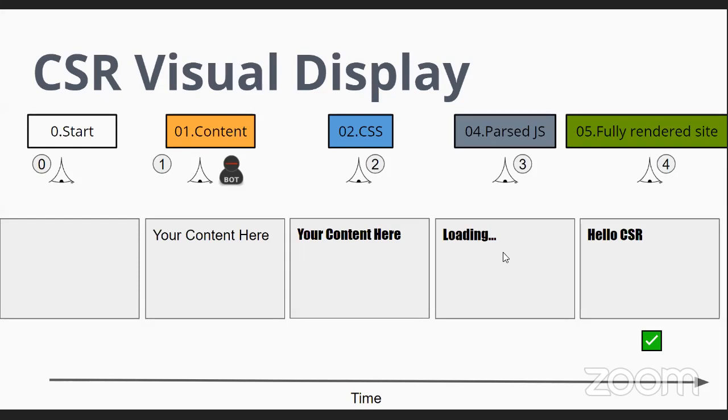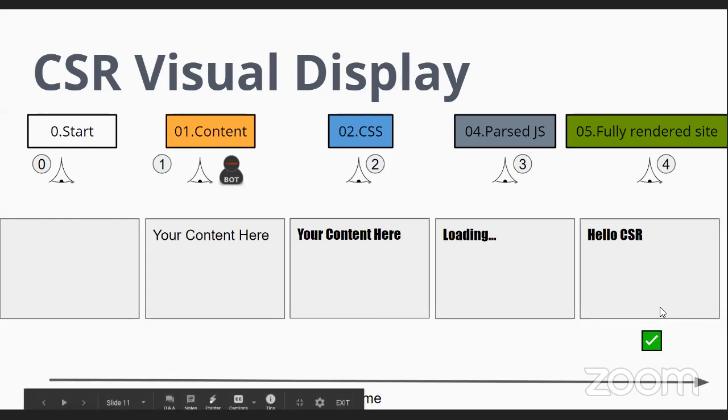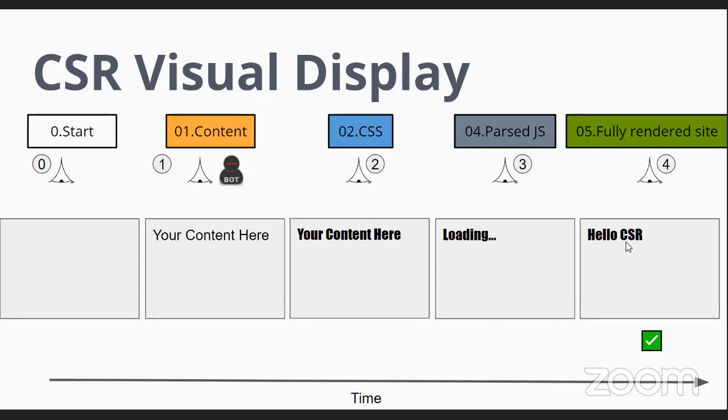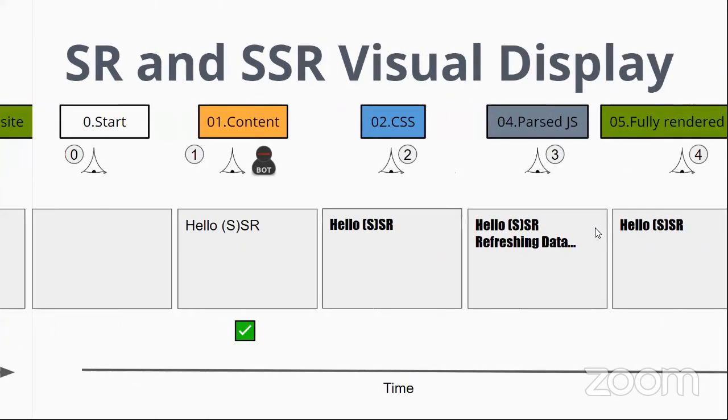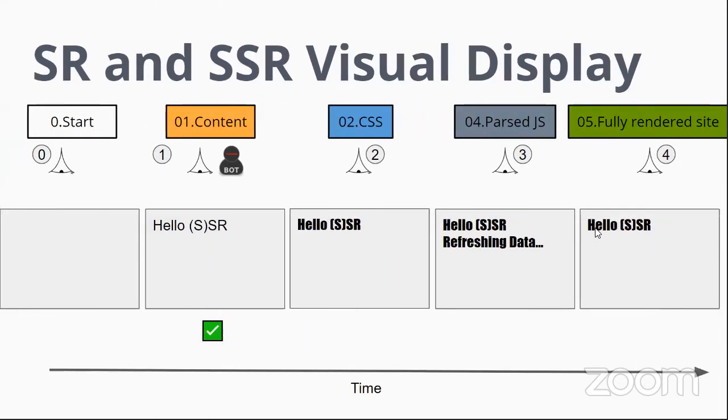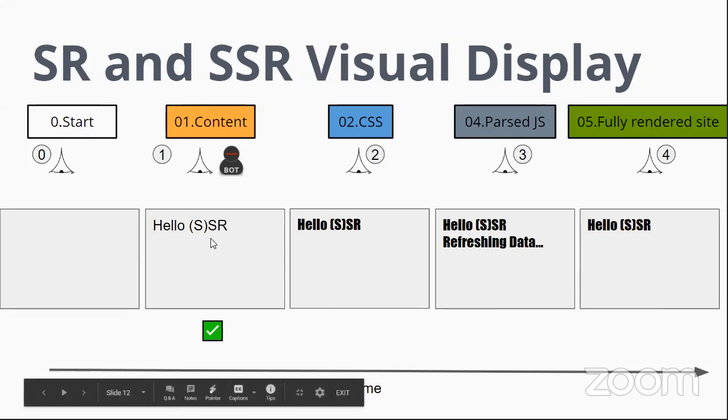So we have a delayed period that we need to wait through until we see the actual content. And if we move on to static rendered or server-side rendered pages, a marked difference that you could see is the hello SSR.